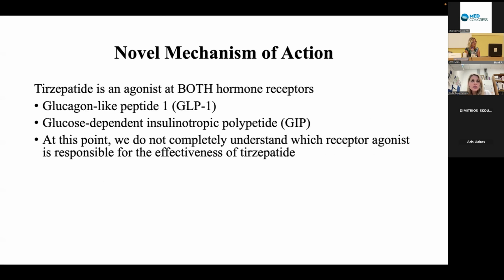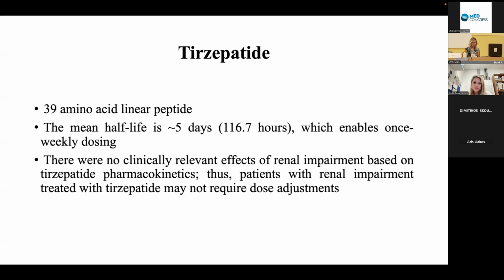In this context, tirzepatide offers a novel mechanism of action on both hormone receptors, GLP-1 and GIP. I would like to point out that at the moment, we do not really understand which receptor agonist is responsible for the effectiveness of tirzepatide.